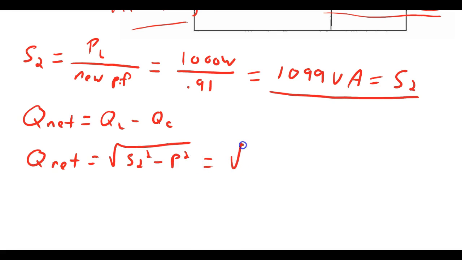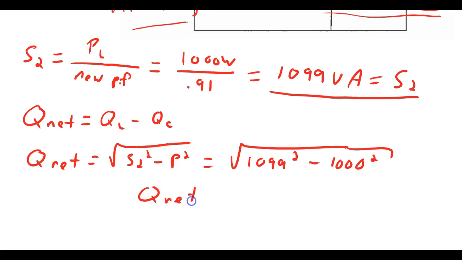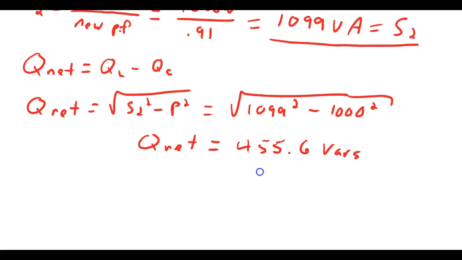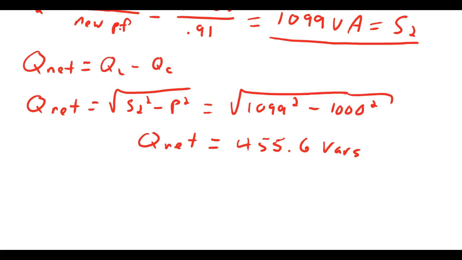And that calculation now gives us 1099 volt amps squared subtract 1000 watts squared. And we see that Q net is much less than the requirement of the load, 455.6 vars, as opposed to the load which requires 1169. And so what that means is that the capacitor will have to produce the rest.